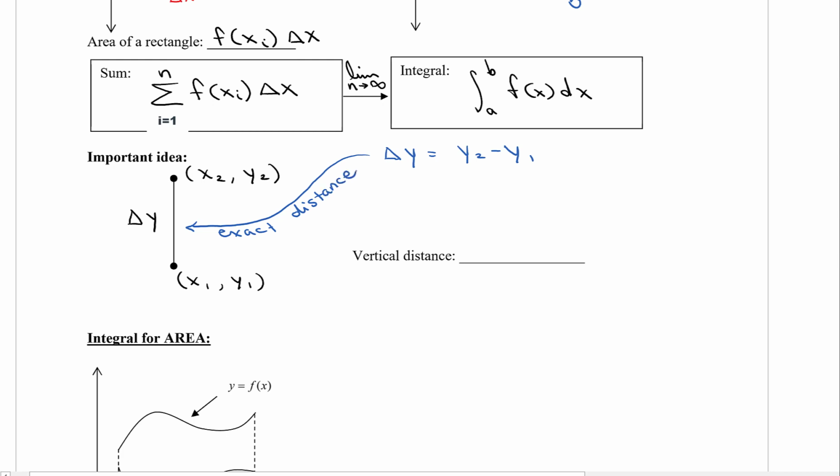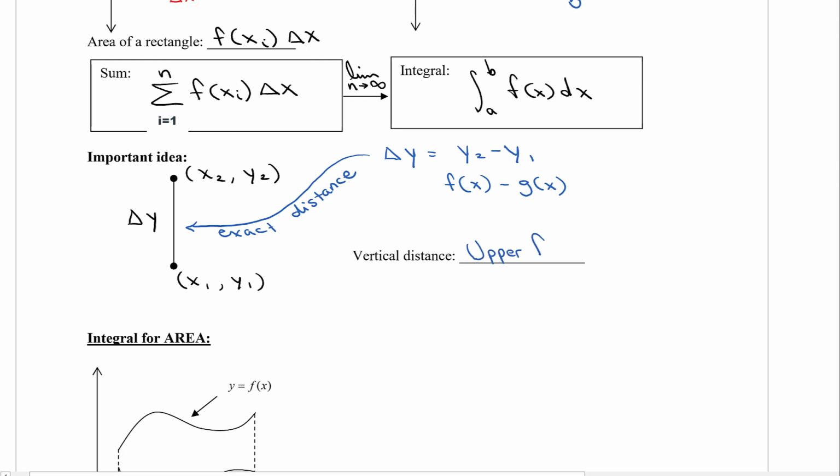Now let's imagine I'm trying to find the distance between two functions. If I have an upper function and a lower function, let's say my upper function is f of x, and I want to find the distance from, say, a lower function, let's call that one g of x, then I would subtract those two. f of x minus g of x would give me the distance between those two functions. And that is exactly what we're going to do here when we're trying to find that area between curves.